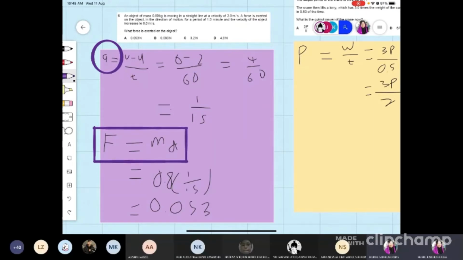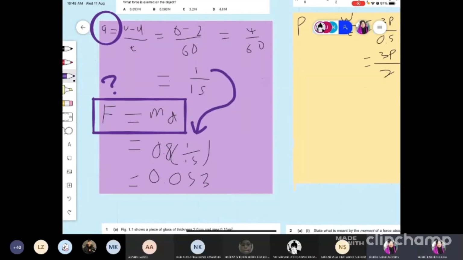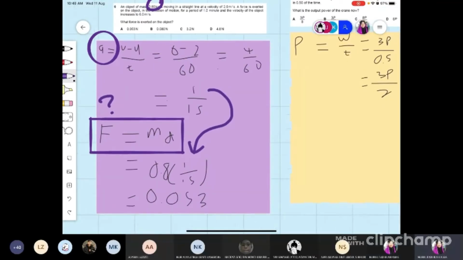So in order to use this one, you are given the mass. You want to find F, but you don't know A. Then you find A first, and you get this one. So what's the unit for force, class? Newton. Newtons. Yes.